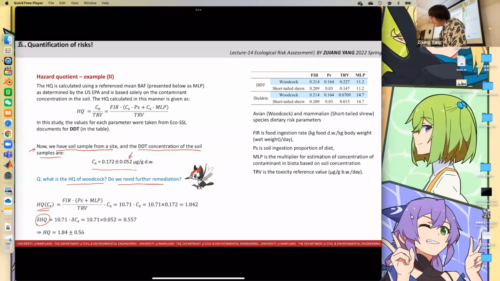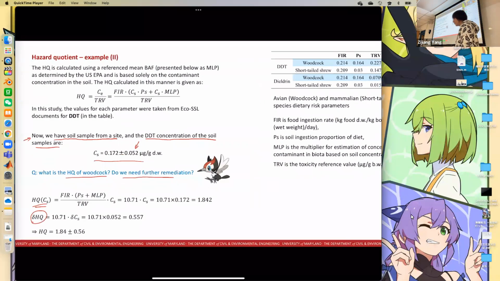And we are familiar with the error propagation equations. So we can calculate the mean of HQ, which is the same as we have already calculated. And for the error or uncertainty of HQ, we can use the triangle theory to get this result.